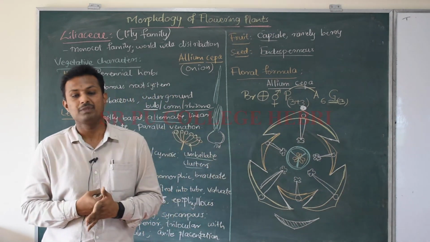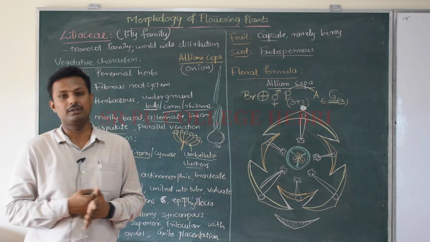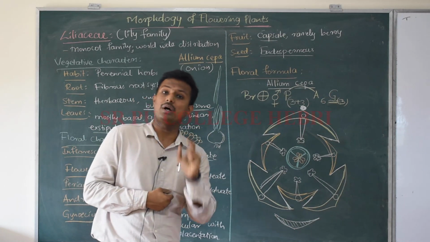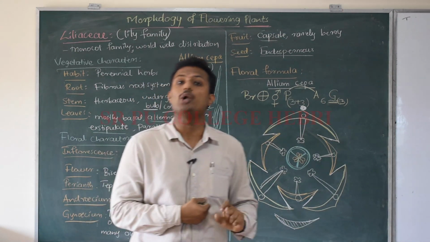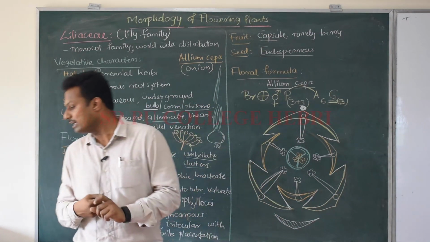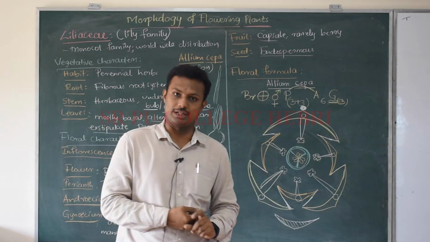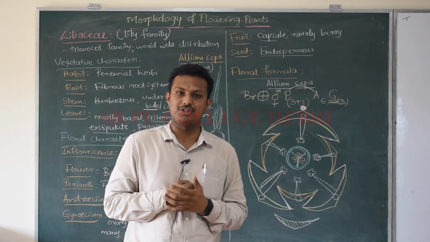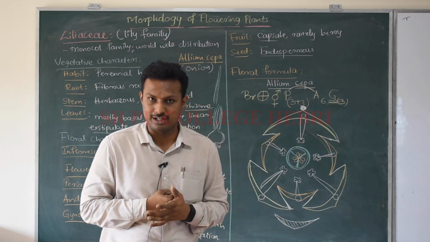Or it can be the lilies for ornamental usage. And there is one particular chemical called colchicine. Colchicine is extracted from a plant called Colchicum officinale, that you are going to find in the textbook.